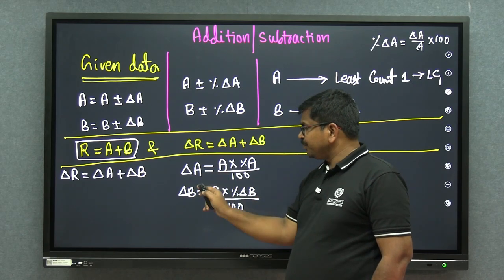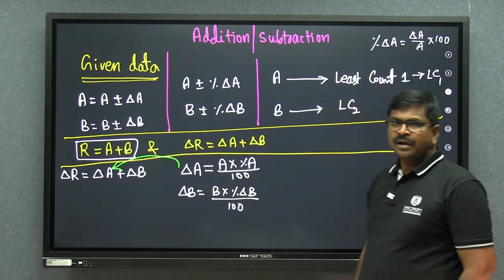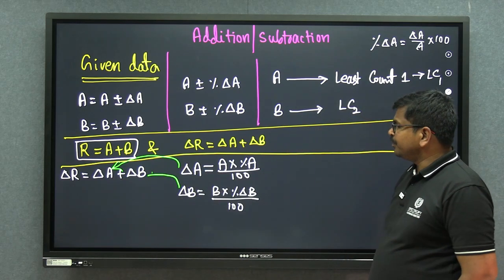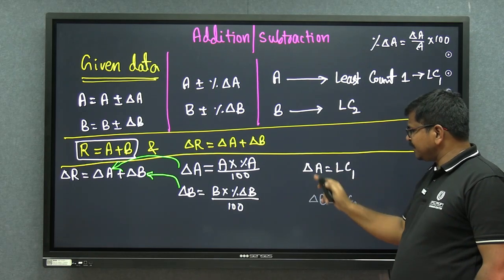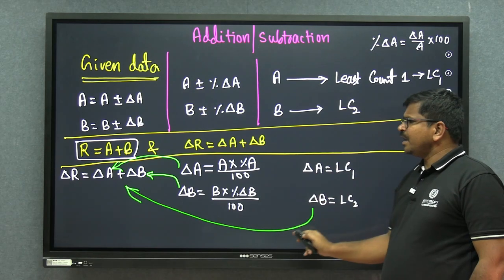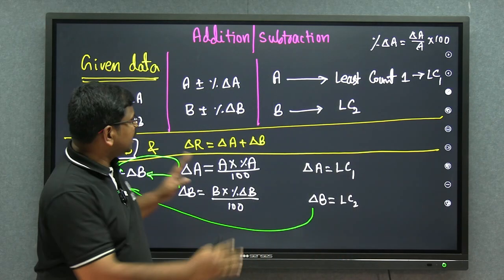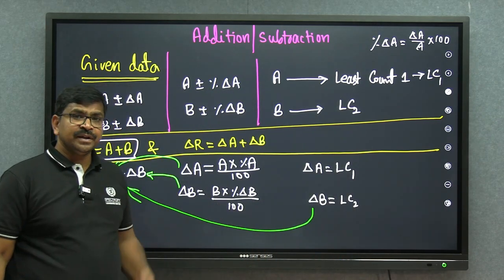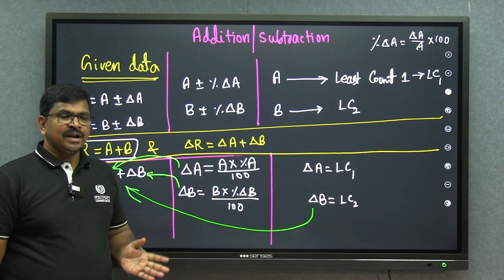After getting these two, you can get to this step. That is the actual working rule. Now, if the least counts are given, simple, the least count itself is the absolute error, and after getting these two things, come here. It looks a little clumsy, right? So let me again give you an idea with proper alignment.